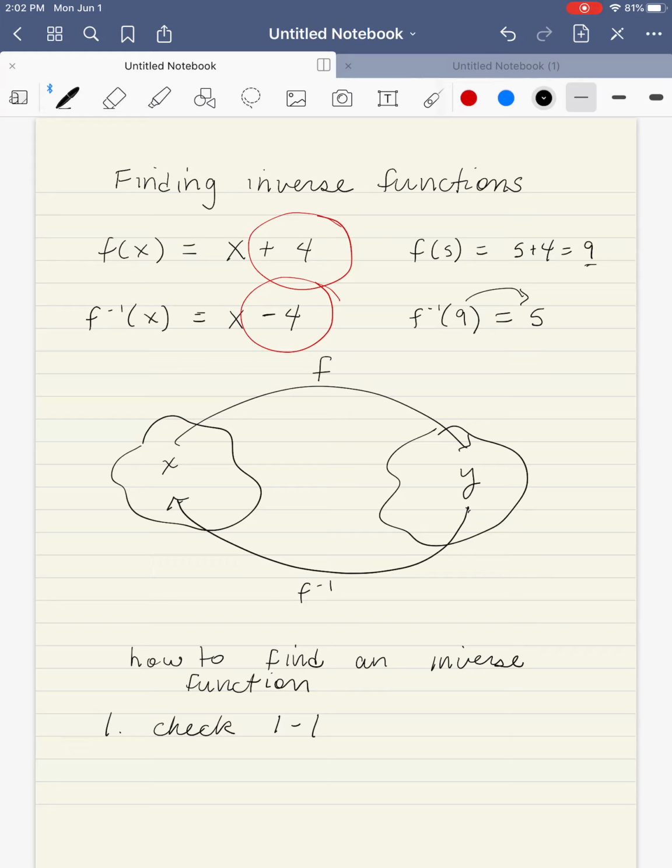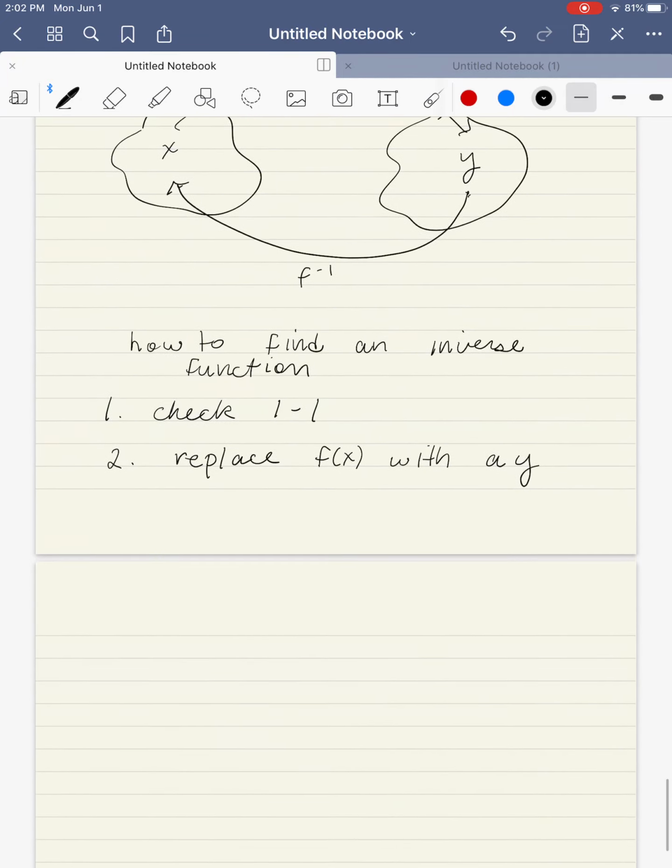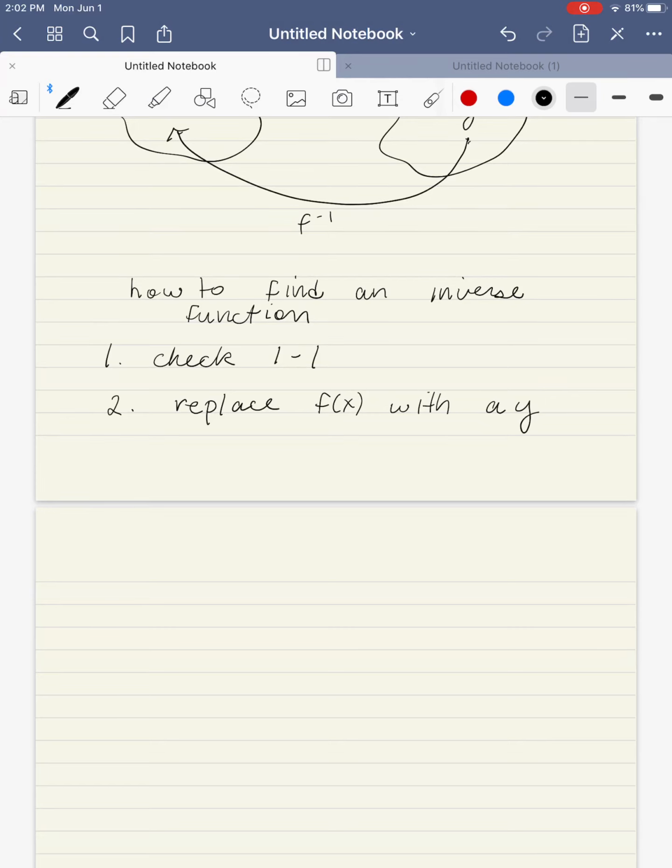Remember, we learned in our previous lesson, if the original function is not one-to-one, then we cannot find an inverse of it. Our second step is to replace the function notation, f of x or g of x or whatever it's called, with a y. Because remember, my output y is the same thing as f of x.